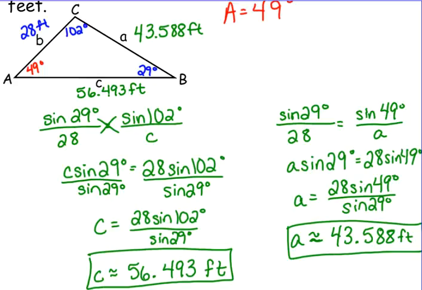So check that really quick. Our biggest angle is 102, so is 56 our biggest side? Yes, it is. Those are directly across from each other. 29 is our smallest angle. Is 28 our smallest side? Yes, it is. The other two, angle A and side A, are right in between. Well, not really in between, but they fit within the other two.